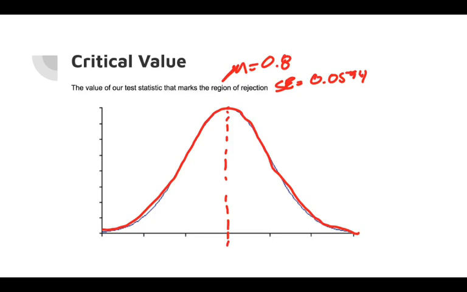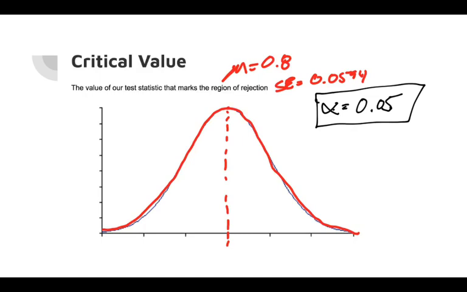If we go back to our alpha, or the significance level, let's say we use the industry standard of 0.05, that 5% chance. This is going to tell us what the critical value is.